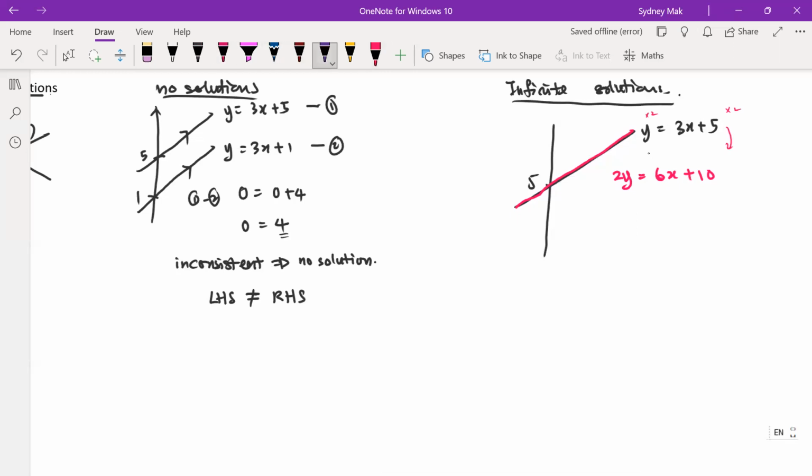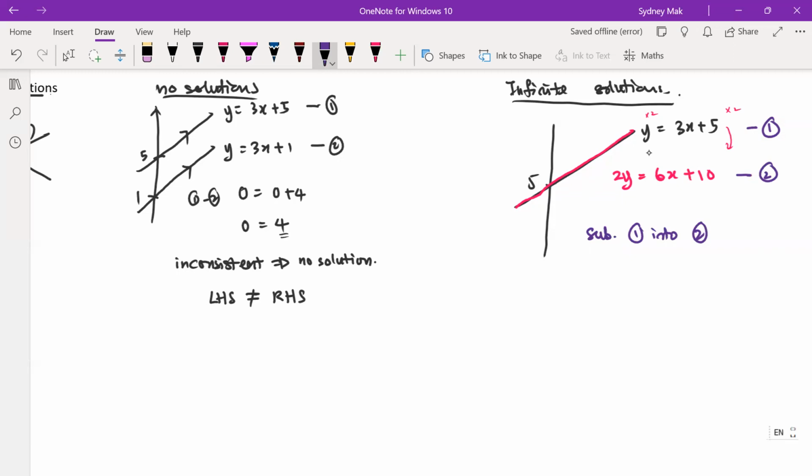So let's test it out algebraically. Otherwise, we can't see that they overlap each other unless we use the graph method. We shall take equation 1 minus equation 2, but before you can subtract, you have to make sure they have the same coefficient for one of the variables.